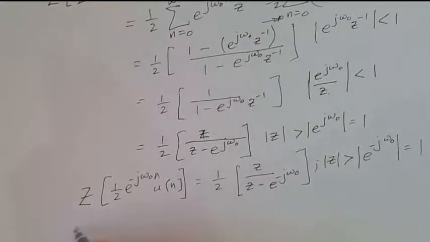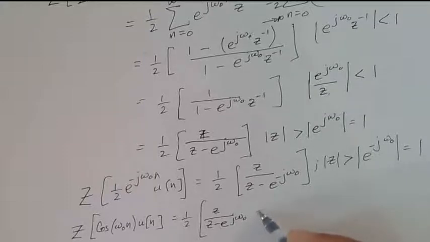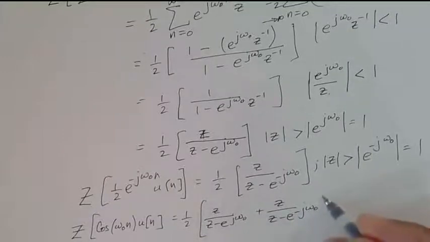And so now the z transform of what I actually started out with, cosine omega naught n u of n, is equal to 1/2 times z over z minus e to the j omega naught plus z over z minus e to the minus j omega naught, magnitude of z greater than 1.